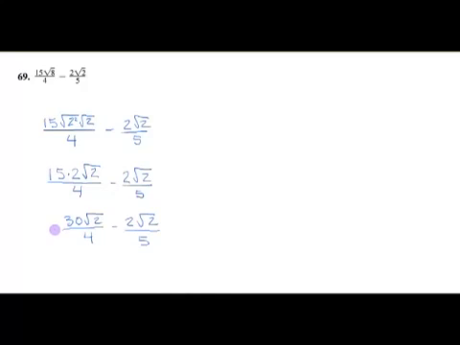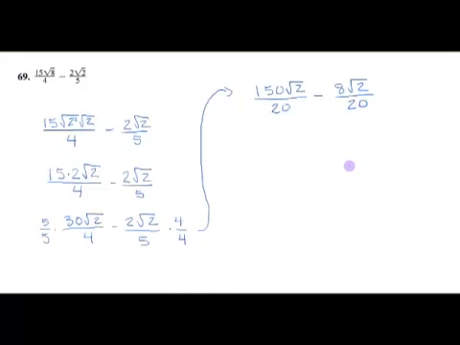So I'll need to multiply this radical by 5 over 5 and this radical by 4 over 4. So this gives me 5 times 30 is 150 square roots of 2 over 20 minus 4 times 2 is 8 square roots of 2 over 20.